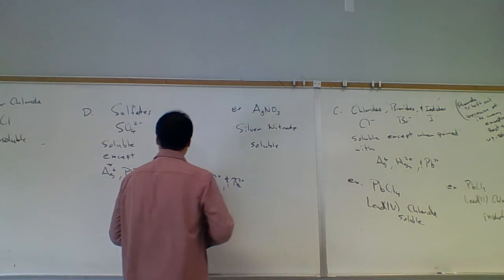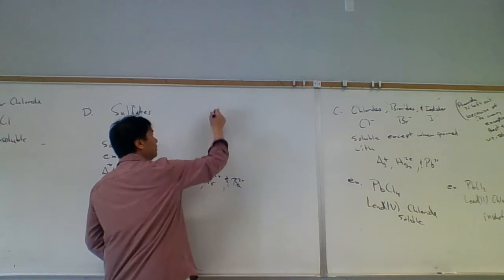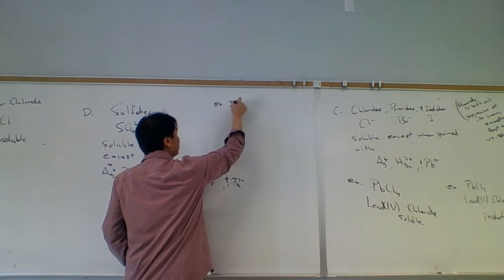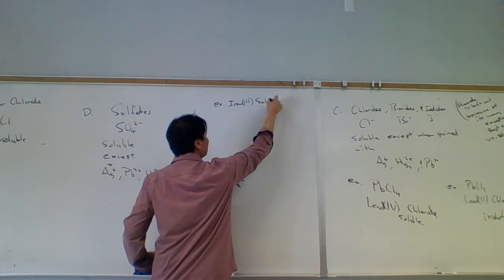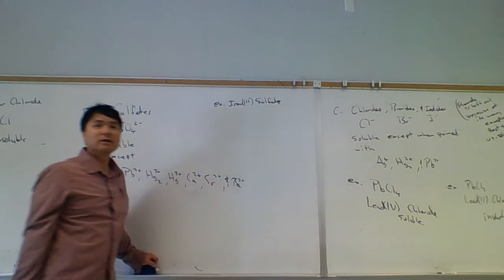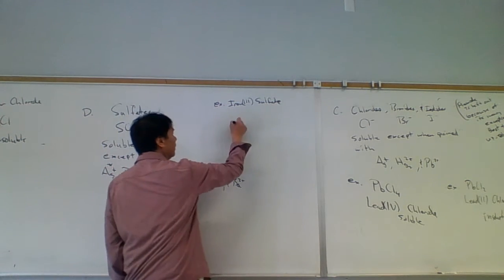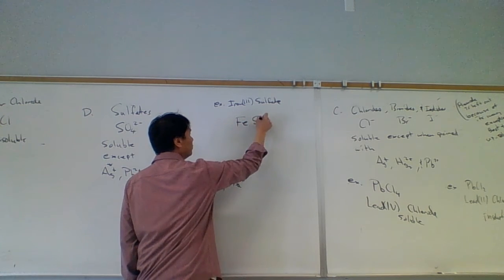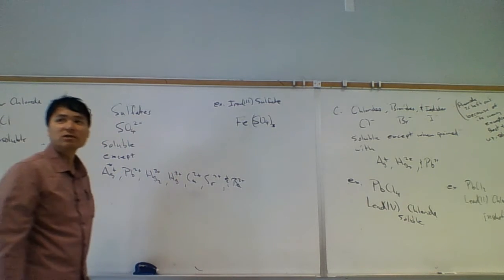So let's look at some examples here. Let's look at iron 3 sulfate. What's the formula for iron 3 sulfate? Fe(SO4)3.